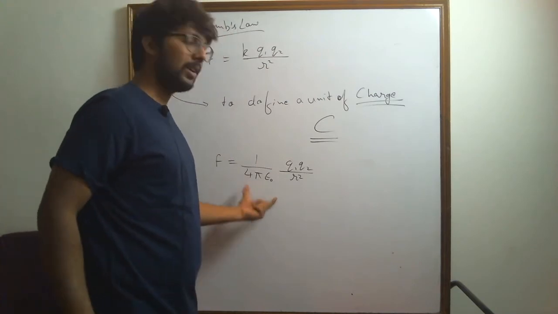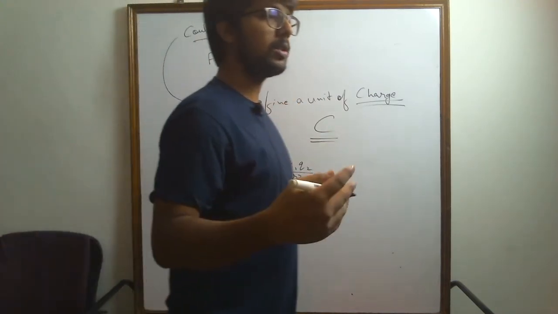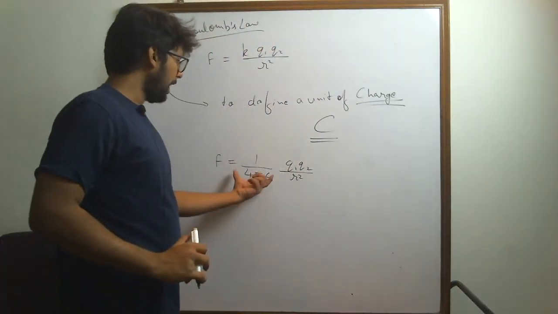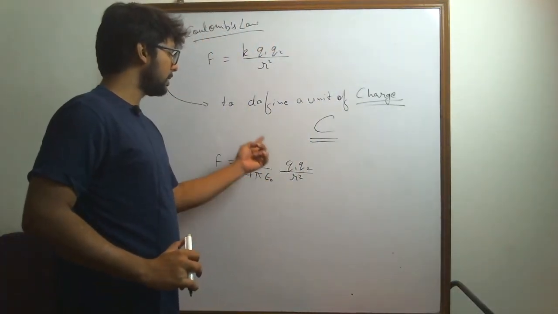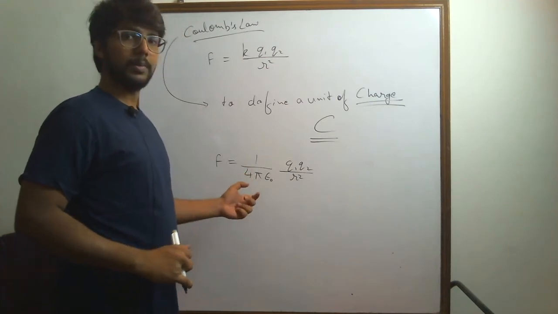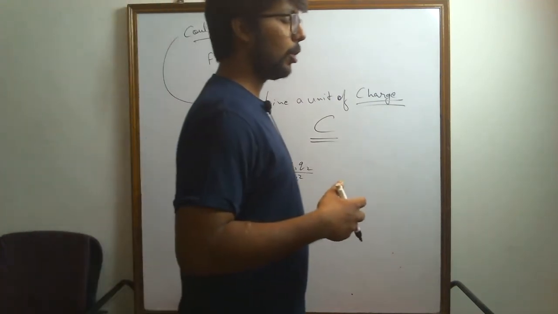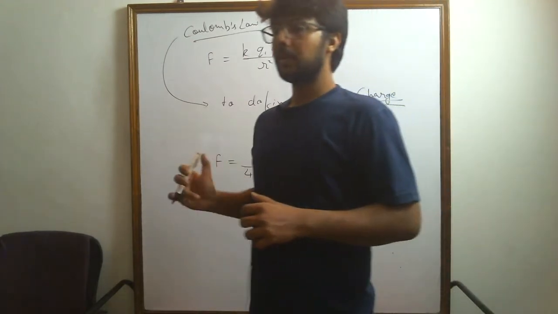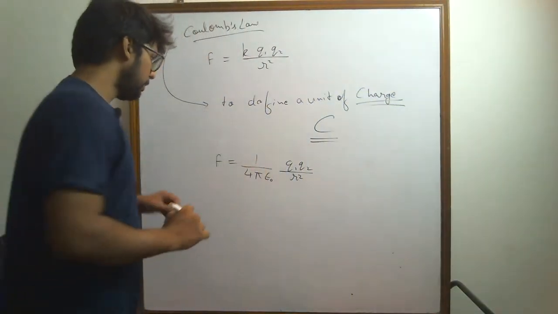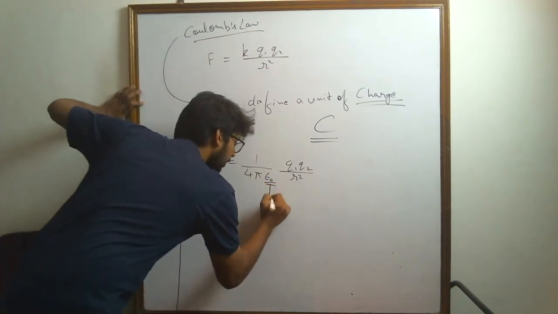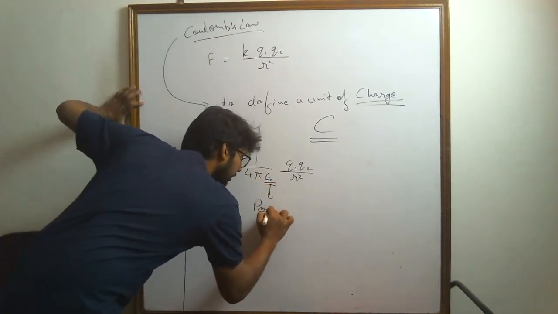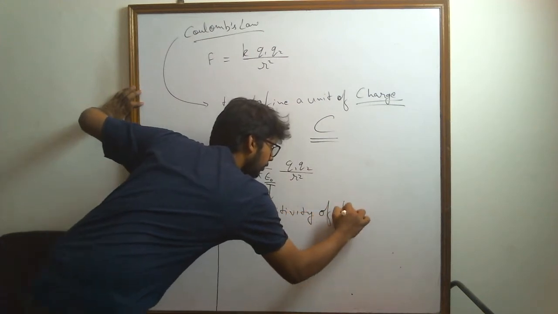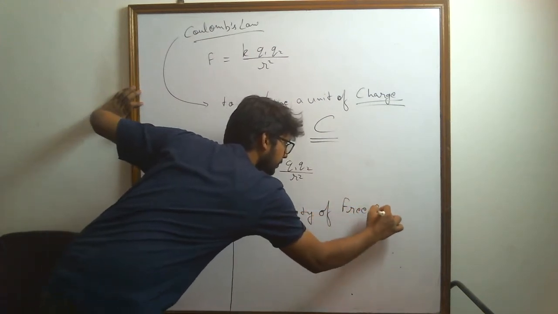This form comes from something called Gauss's law, which I will be covering in another video, and so we are using that form over here, right? The reason for this is because this is a lot more acceptable and a lot more useful going forward. That's why we use epsilon, where epsilon is the permittivity of free space.